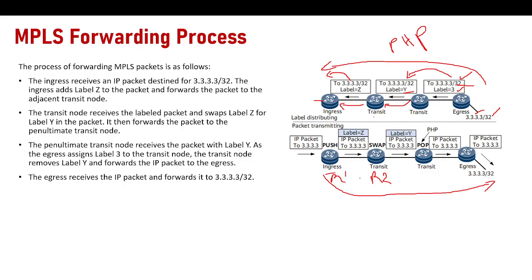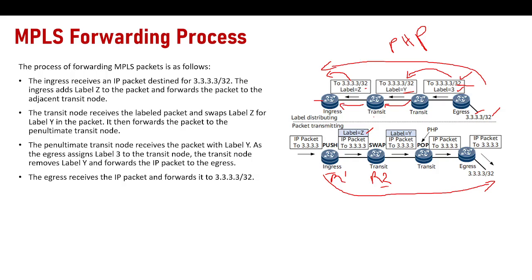So it got a label from router 2 telling that if you have to forward packets to this destination, please add label Z. So this router does a push operation and adds label Z on that IP packet and forwards this to router 2.